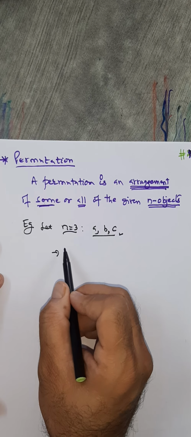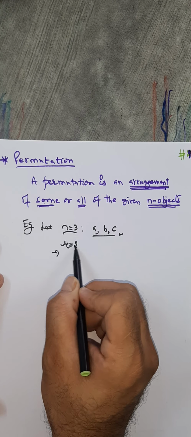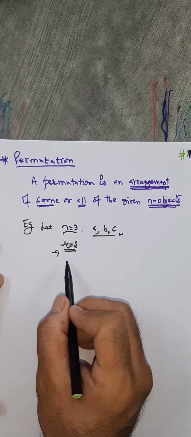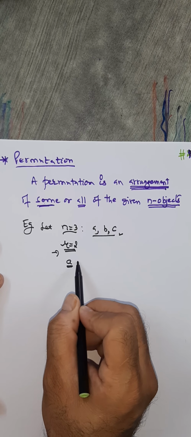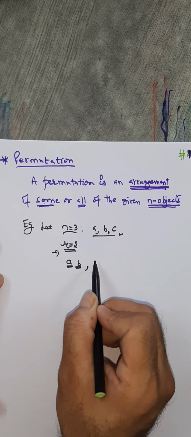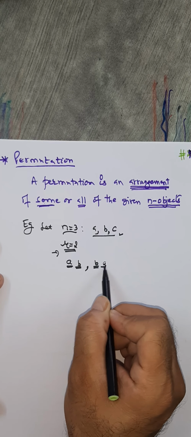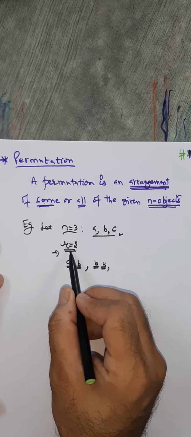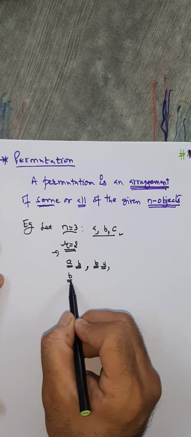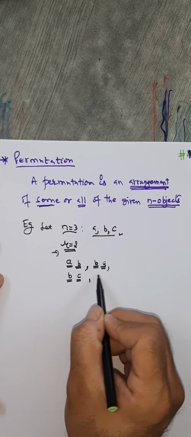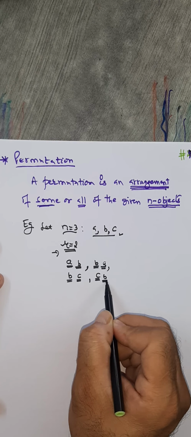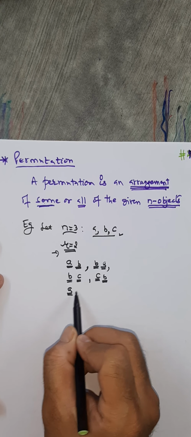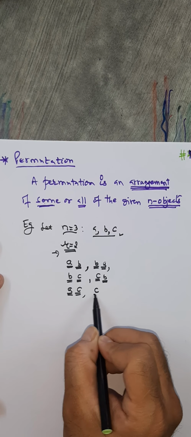I'm taking 2 at a time, which is usually denoted by r here. r equals to 2. So one arrangement is AB, the other one is BA. Now you can take BC also. So here BC, then you can have CB.